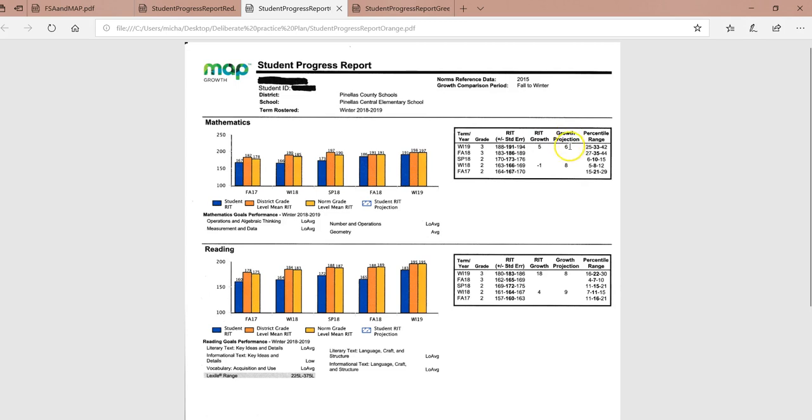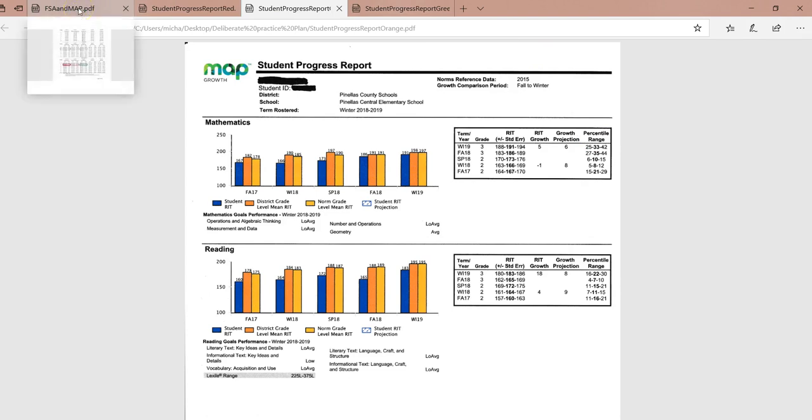They had a projected growth of 6, and they actually grew 5. So they went from the 35th percentile in the fall to the 33rd percentile in the winter.